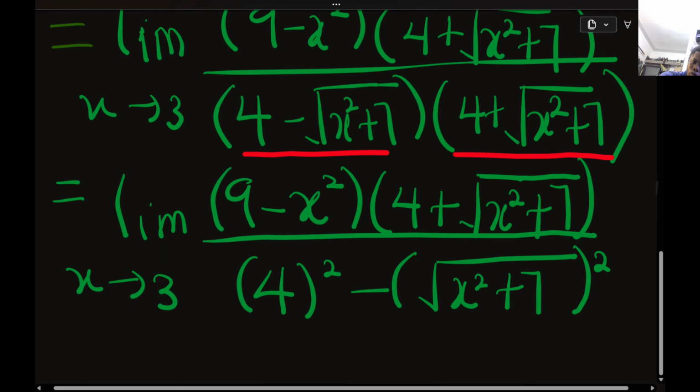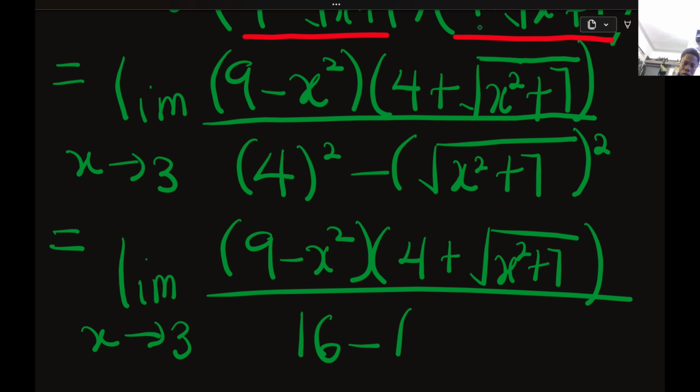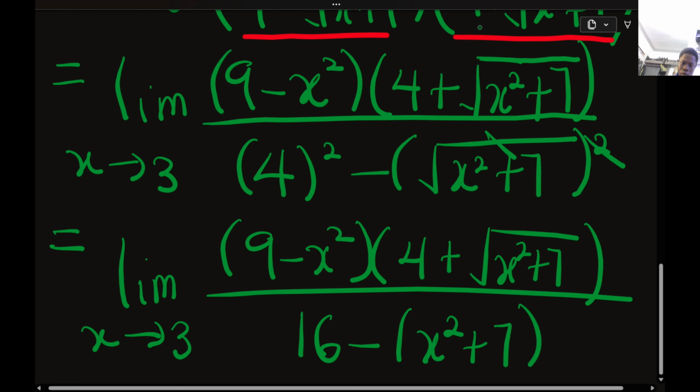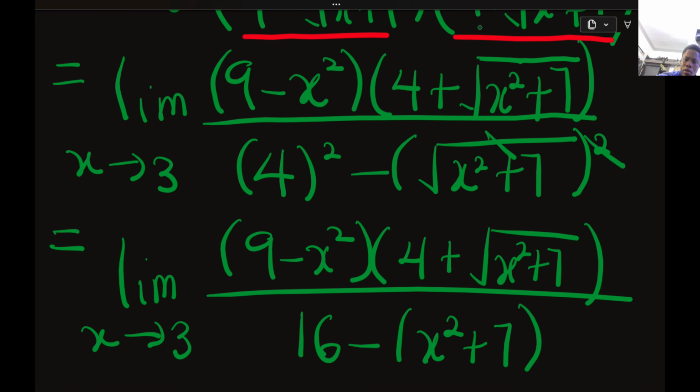We still maintain the numerator, 9 minus x squared in bracket multiplying 4 plus the square root of x squared plus 7, and we divide through by 16, since 4 squared is 16, then minus, in bracket, x squared plus 7, because the square and the square root cancel. Make sure you have them in bracket so that you can expand through by -1.